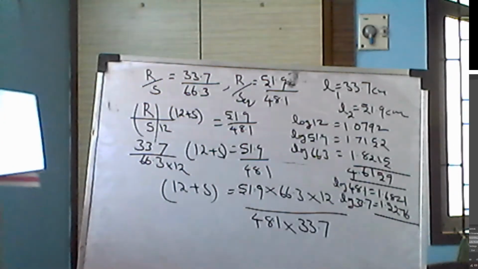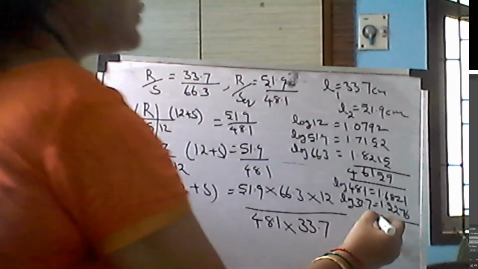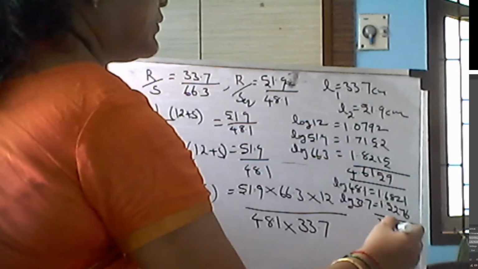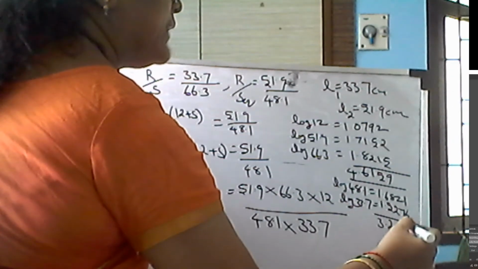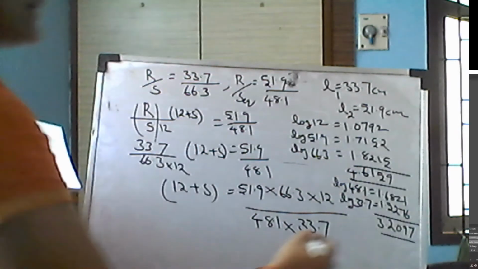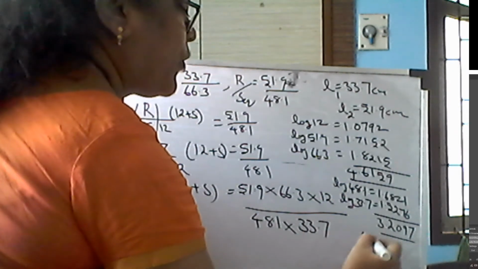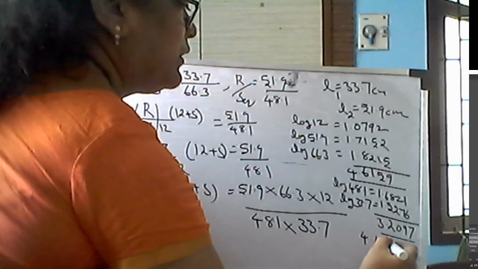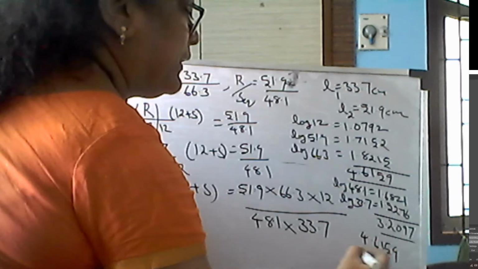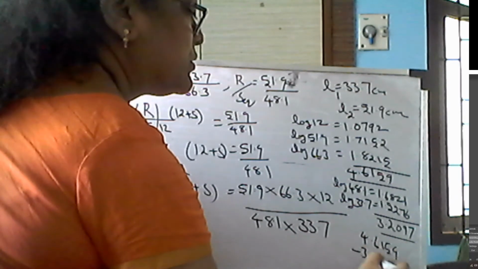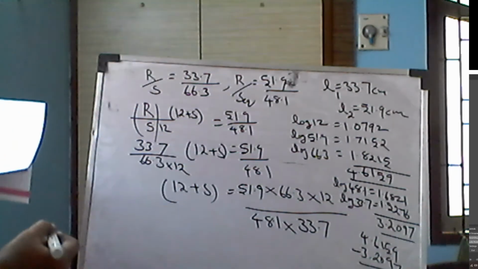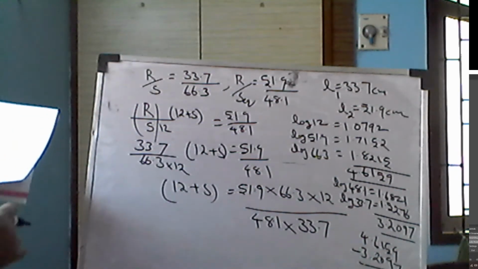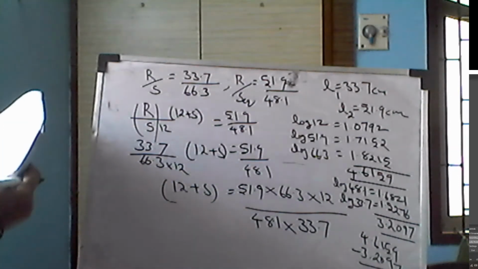If you add these two, it is 3.2097. Now subtract these two: 4.6159 minus 3.2097.